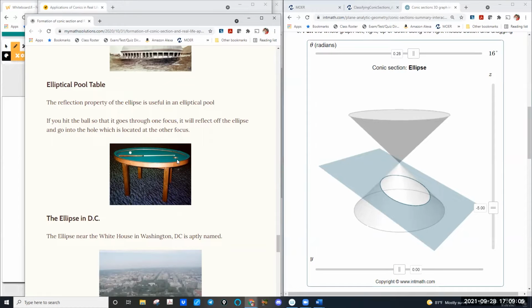So again, it follows just the properties of the ellipse. Somebody had actually built, manufactured and sold these elliptical pool tables, but nobody could figure out the trick to making it. So they never really caught on to making the ball in the hole.